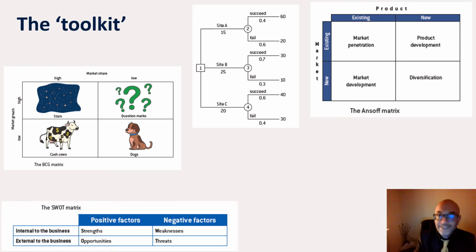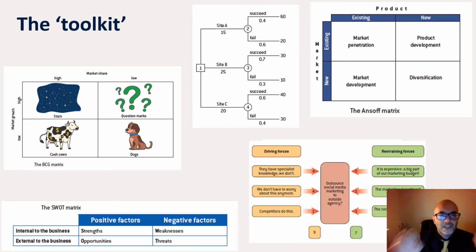Others are more qualitative, for example, SWOT analysis. And we also have a tool with qualitative and quantitative elements, and that's force field analysis. They are all in the current guide. They're all also in the new guide. But in the new guide, they are compiled together in the toolkit.